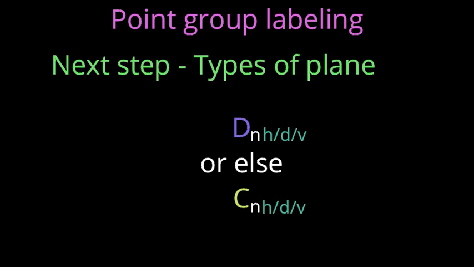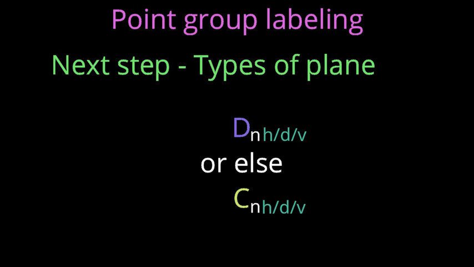So 3 planes, horizontal, vertical and dihedral. Among them, a superior plane, powerful plane, which we need to emphasize, which we need to mention is horizontal. Second is dihedral and third one is vertical.